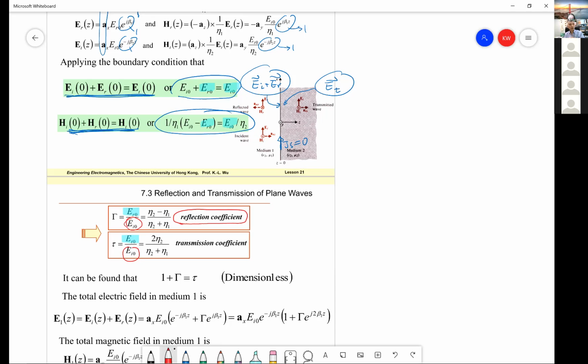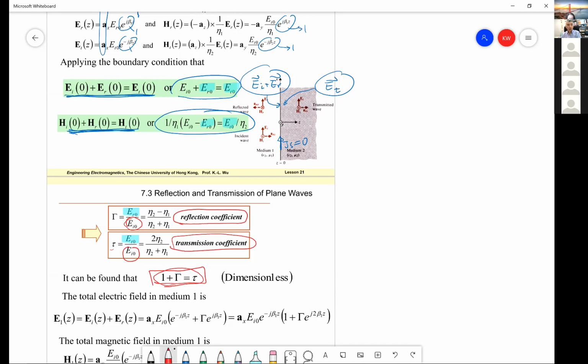Anybody don't feel comfortable? Same as I measure the transmitted wave in terms of the incident wave, I call it the transmission coefficient. And also, very easily from the first equation, we can find they're related: the reflection coefficient and transmission coefficient are related by this.